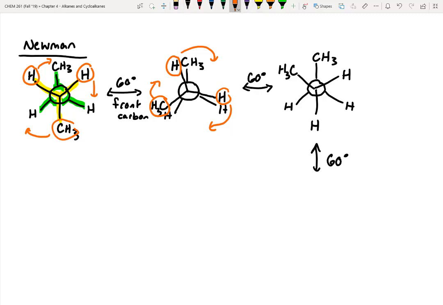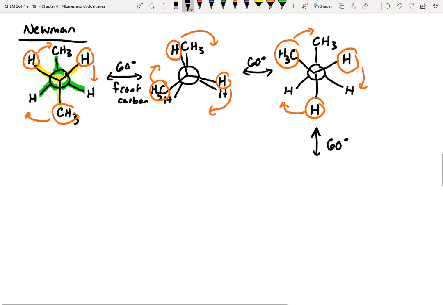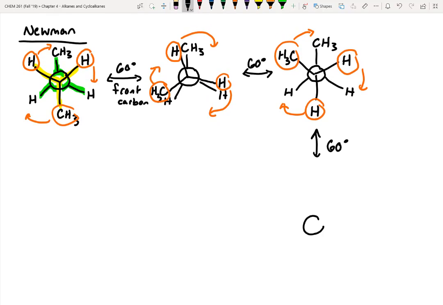This time, same idea. We're only going to be moving the front carbon 60 degrees. And then it'll get more interesting at the end, I promise. So the back carbon is going to stay put. We still have the methyl group sticking up on the back carbon. Nothing's changing with that back carbon.